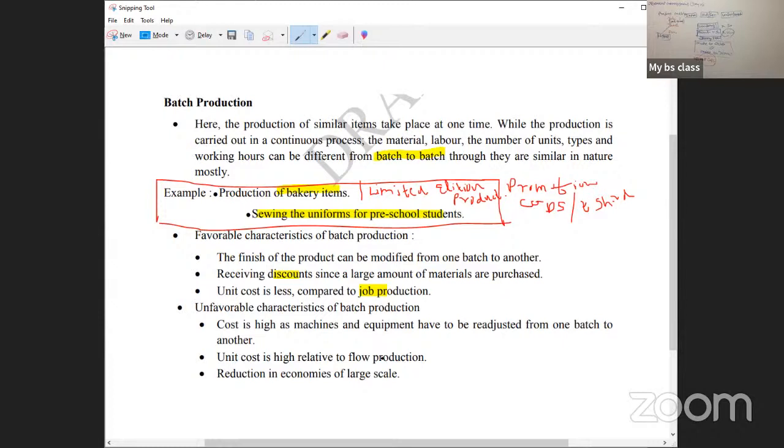So it's something you have to write with a comparative mindset, right? Just saying unit cost is high, or unit cost is less, doesn't make any sense. So always try to compare with the job or the flow production.